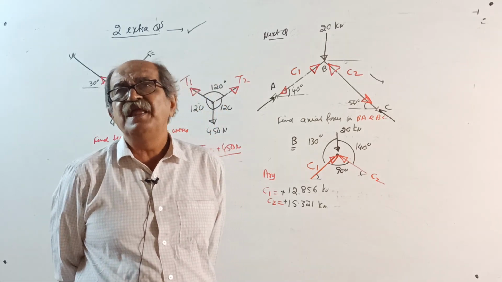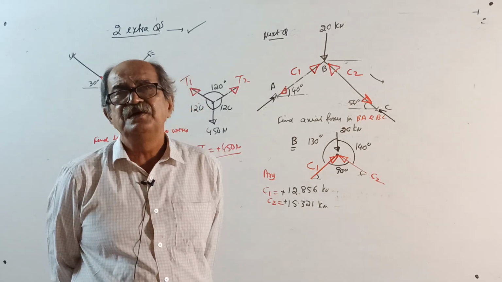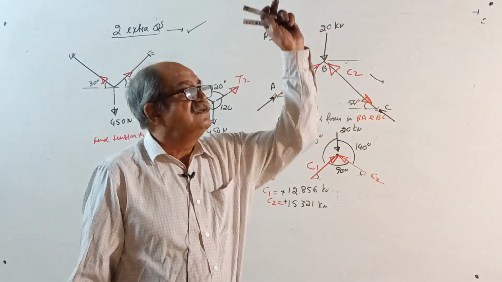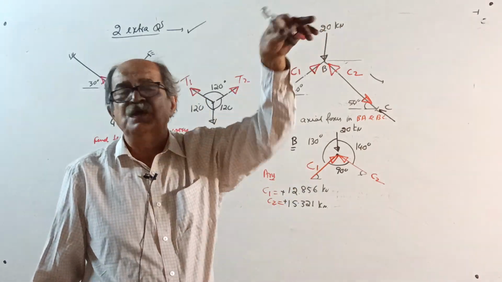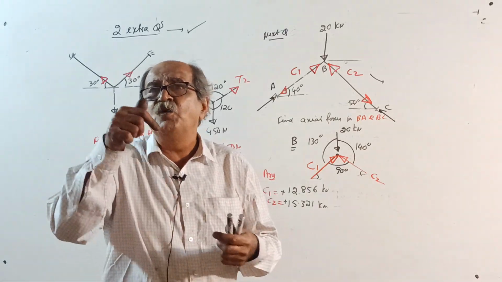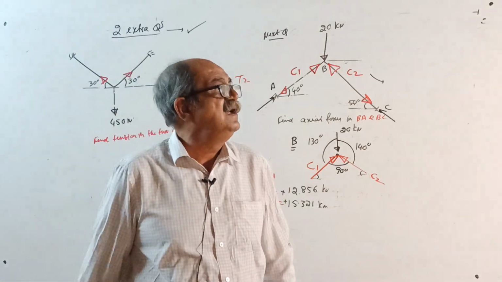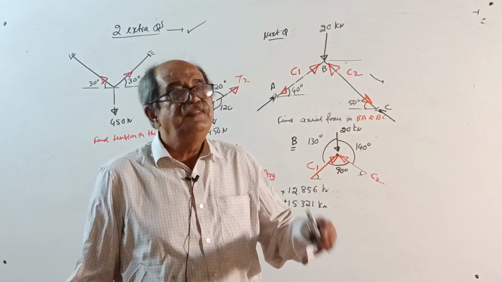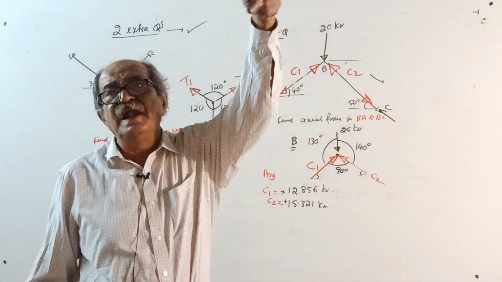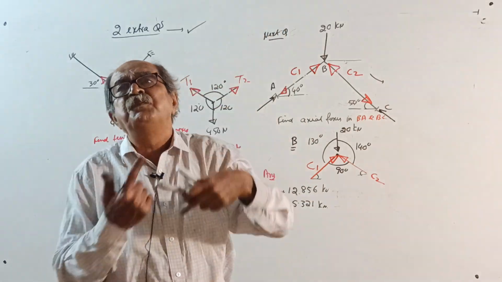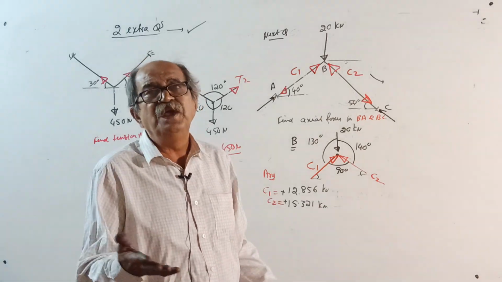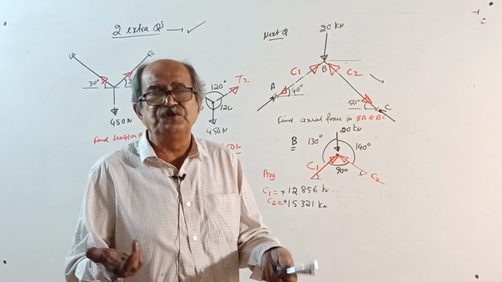In case you get a negative sign for the answer, nothing to worry. If in the question they give the arrow mark and the answer is negative, it means the force is not in that direction, it is in the opposite direction. This you already know. In the notes I will put extra questions there.